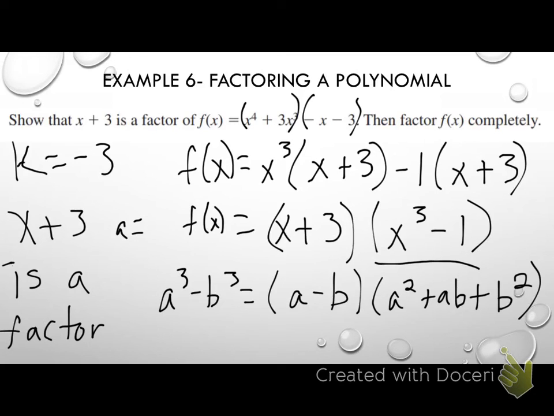So what's my a value? X. We just take the cube root of x cubed to find our a value. To find our b value, we take the cube root of 1, which is 1. So a is x, b is 1.